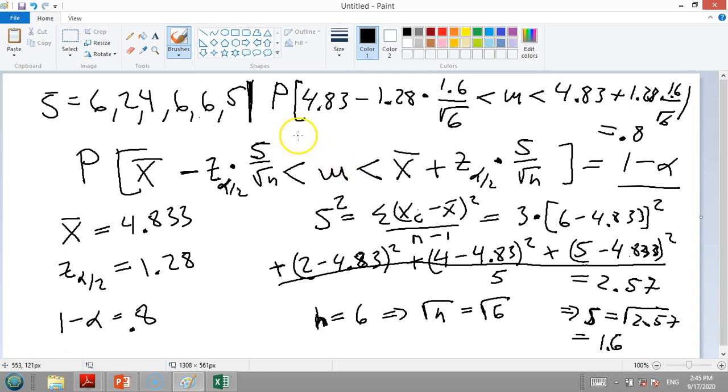Let's do the math now. Let me erase this a little bit, just to create some space. Then just compute this number and let's write the answer here.